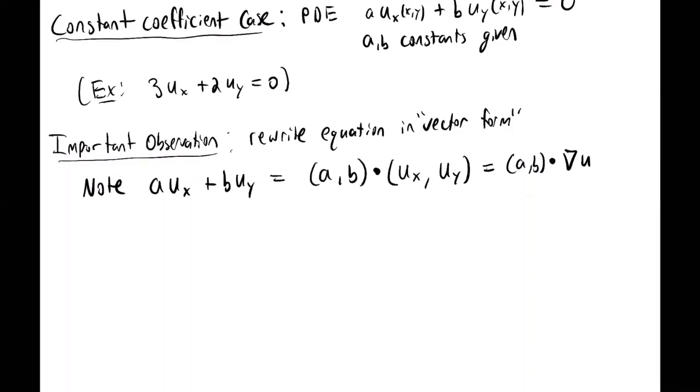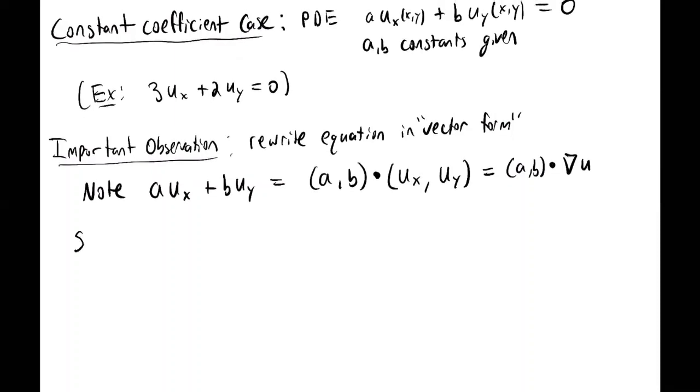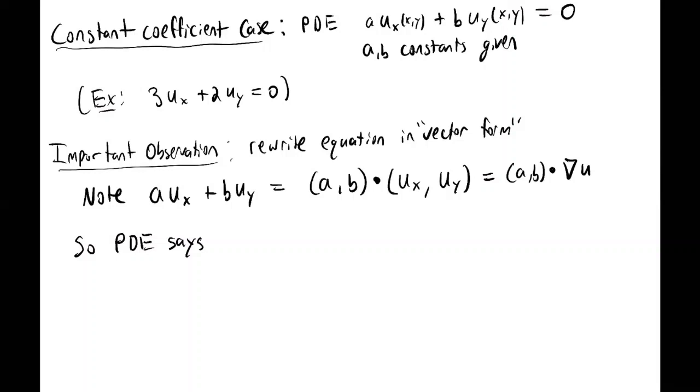And so what does our PDE say, right? Again, this is just a matter of notation. I'm just rewriting it in a hopefully more familiar or insightful way. It says that if I take the dot product of the gradient of my function with the vector a comma b, this has to equal 0, right?